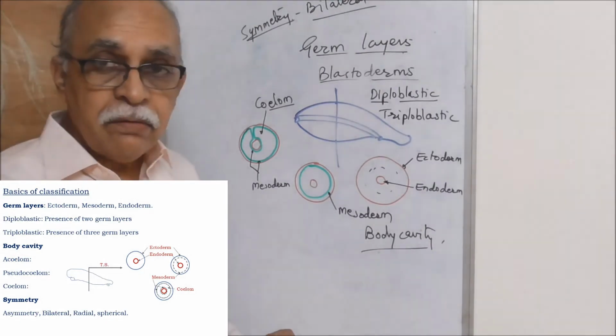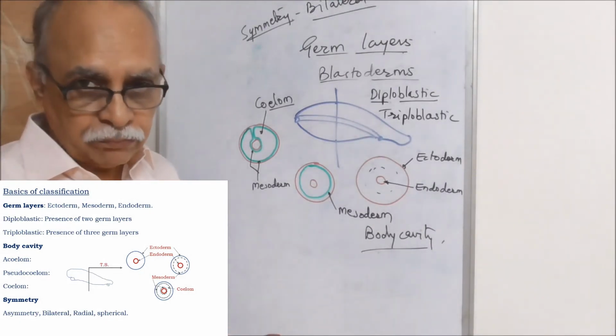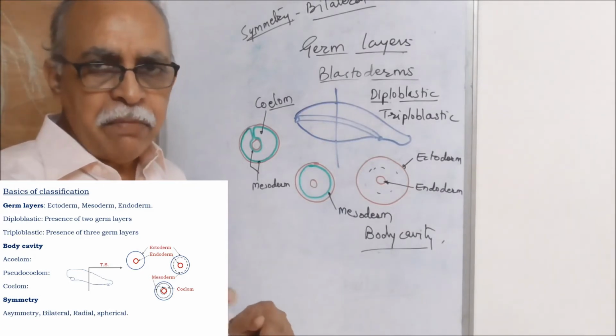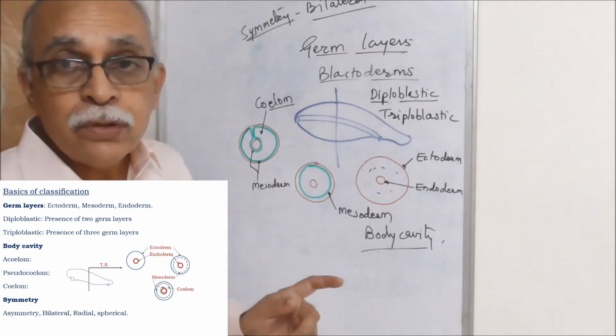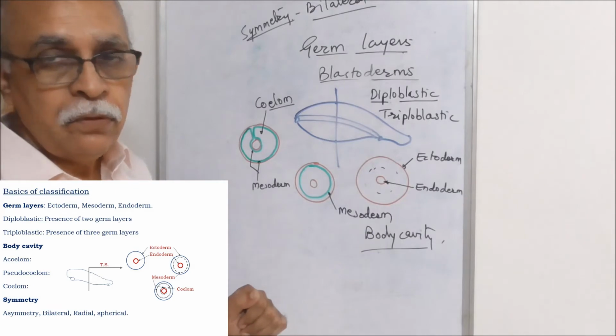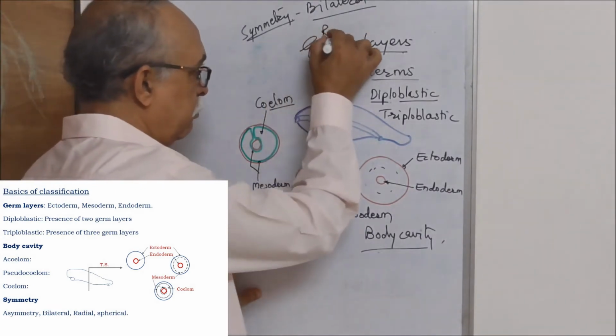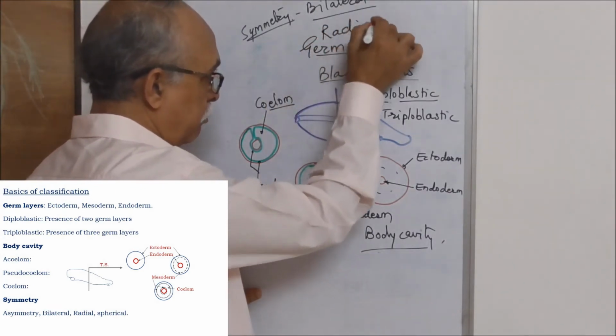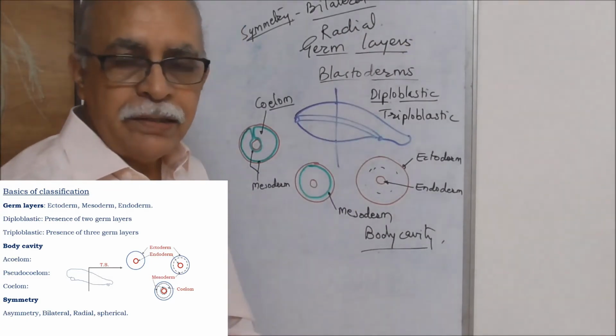Then if you consider a starfish, along the radius you can make more than two symmetrical parts. We call that radial symmetry.